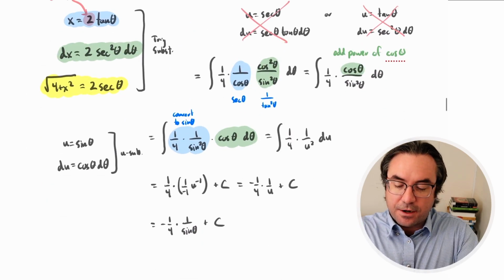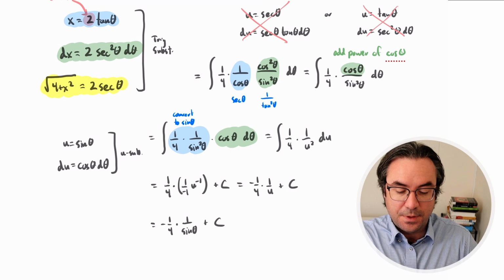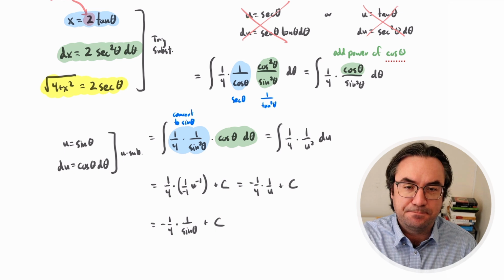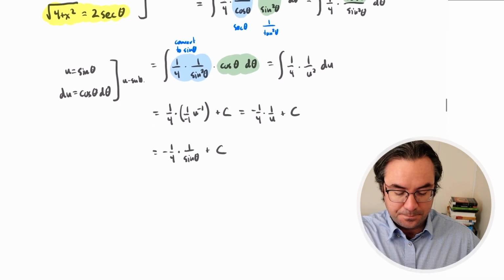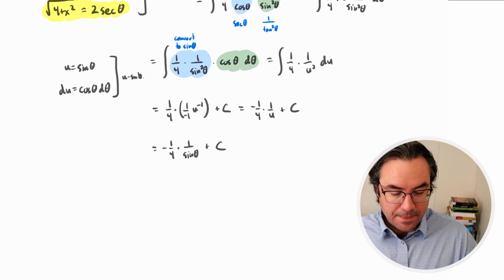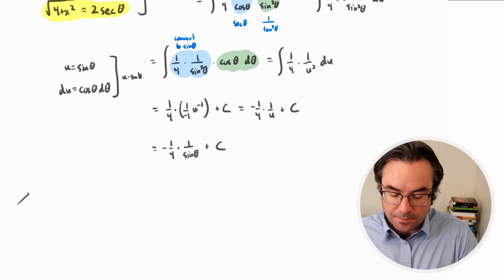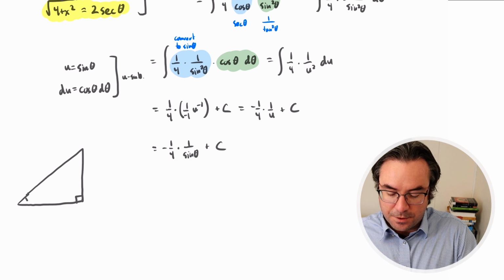Let's look at our trig sub, that original trig sub, x equals 2 tangent theta. So let's get our right triangle. Here's theta, and we know that x was equal to 2 tangent theta.